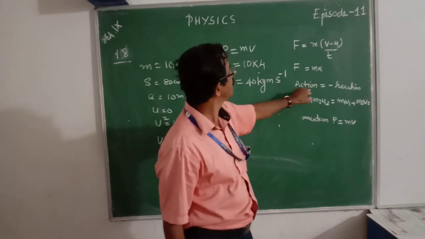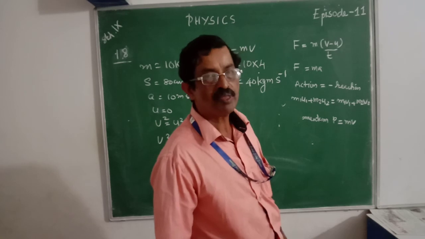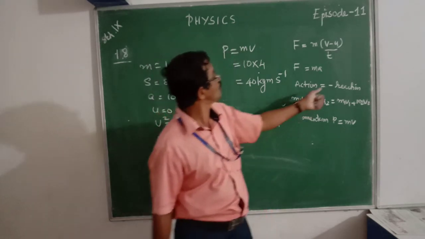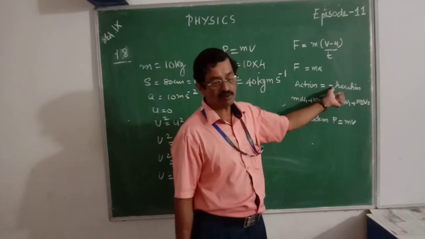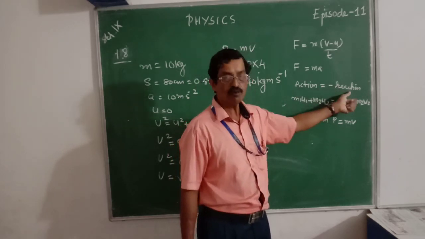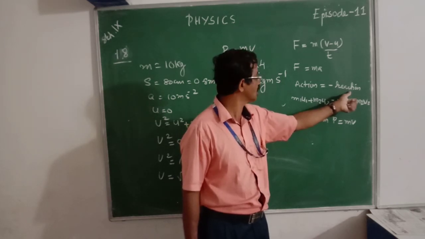Then sometimes you want to use Newton's third law, action equal to reaction, but put a negative sign. Why do we put a negative sign? Because they are acting in the opposite direction.